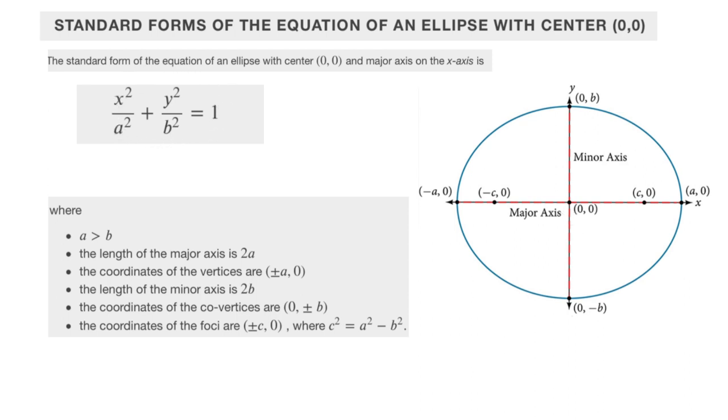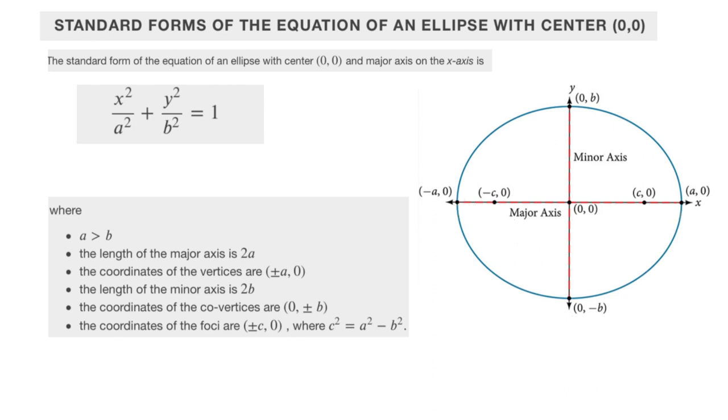This is the standard form of the equation of the ellipse with center at 0, 0: x squared divided by a squared plus y squared divided by b squared equals 1. Here a is always bigger than b. a is the vertex that is on the x-axis, and b is this length on the y-axis. The longer axis is known as the major axis, the smaller axis is known as the minor axis.